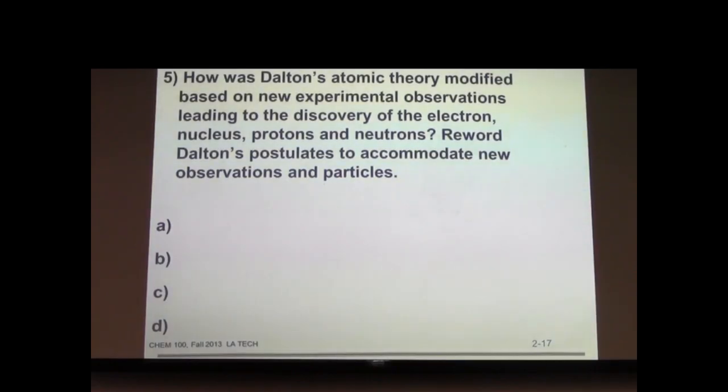Now, this is Dalton's idea. If we had to modify this theory, what would you write to include everything we know today? How do you define it? It's not the smallest particle of matter, is it? No. Matter is composed of atoms, which have subatomic particles: neutrons, protons, and electrons.